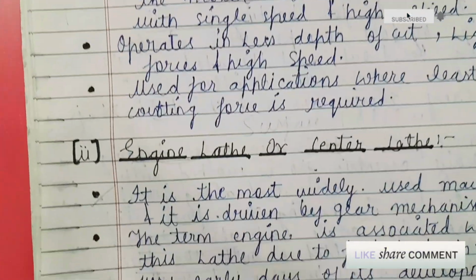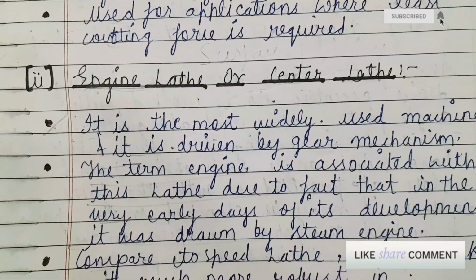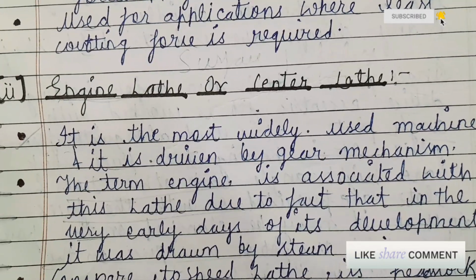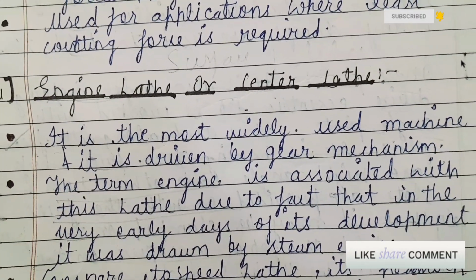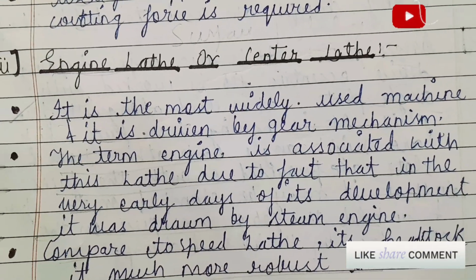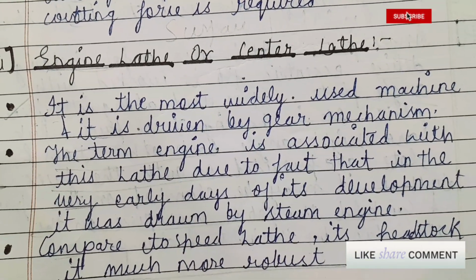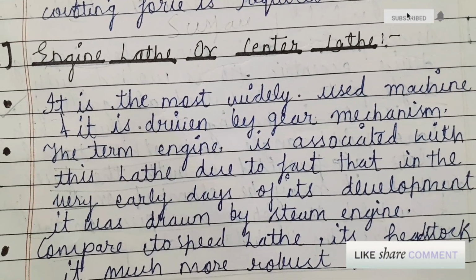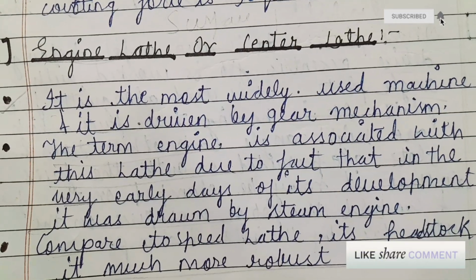And next is the engine lathe or central lathe. It is the most widely used machine and it is driven by a gear mechanism. The term engine is associated with the lathe because in the very early days of development it was driven by a steam engine.